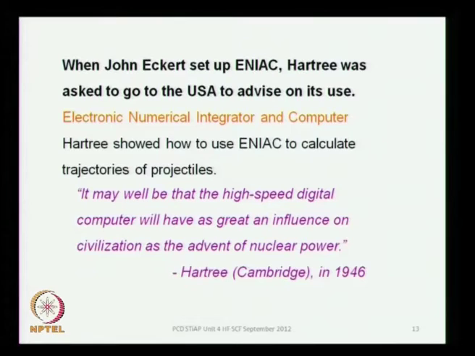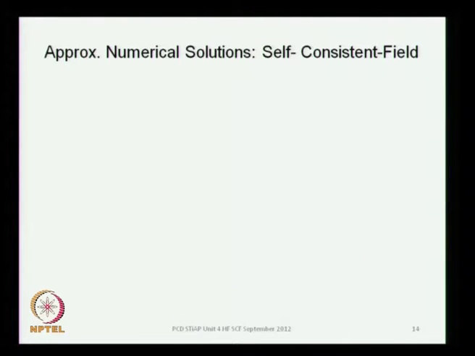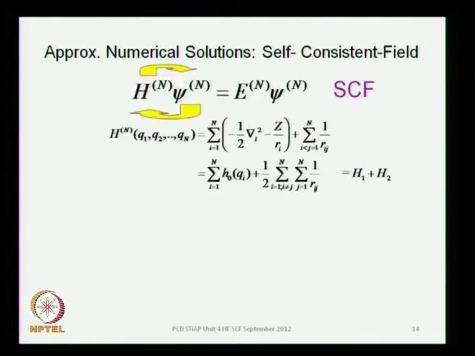Hartree was one of the first ones of this kind, and Hartree said in 1946 that it may well be that the high speed digital computer will have as great an influence on civilization as the advent of nuclear power, and we do know how true it is. So, Hartree certainly made a very important contribution to the development of computers as well.